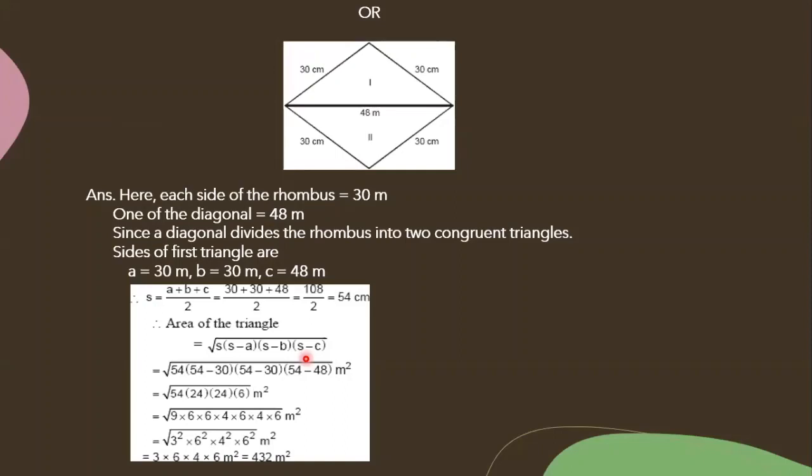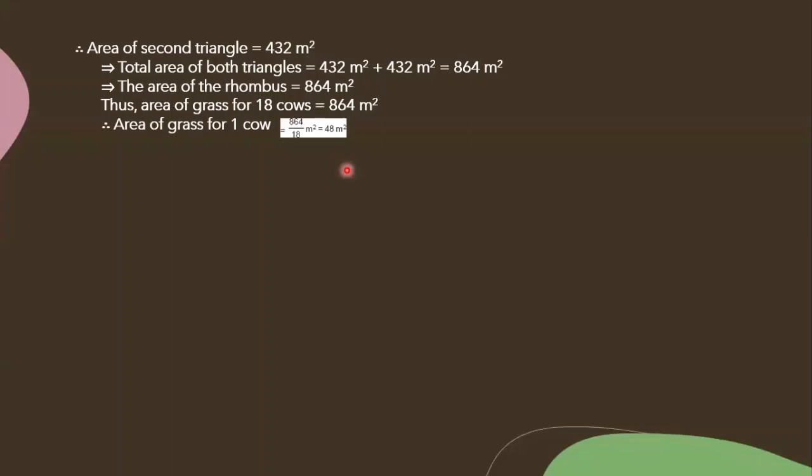Then any one triangle area, if you find out by using half into base into height, if you multiply by 4, you'll get area of the rhombus. Or if I divide the rhombus into two parts, separately you find area of first part and second part and add. Then if you divide by 18, you'll get the same result. So all three types I taught. Whichever you feel easy, you can write it in the classwork.